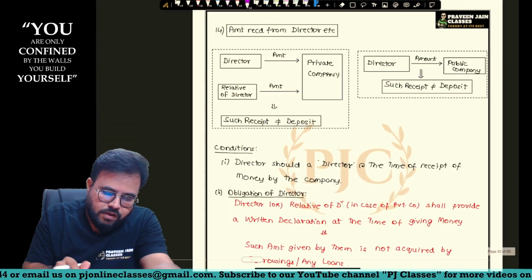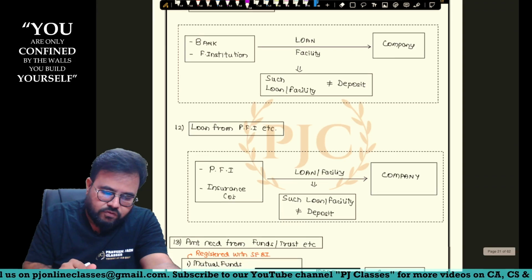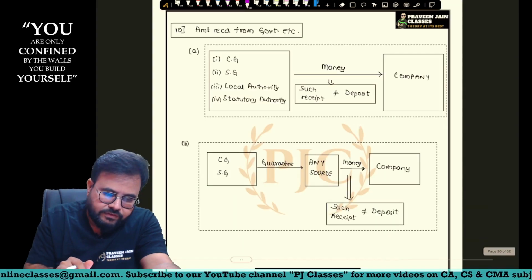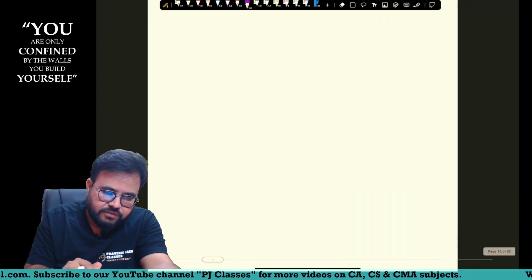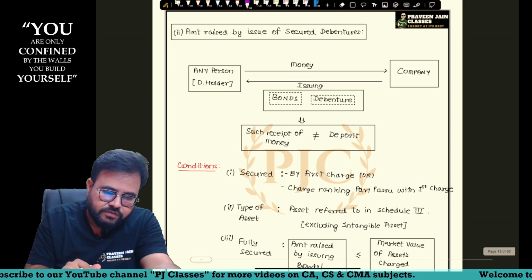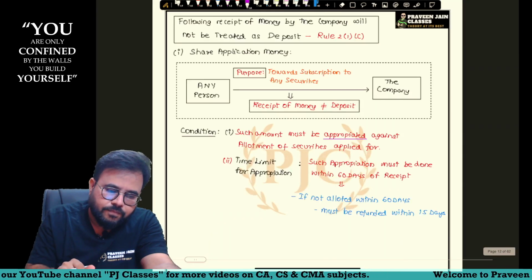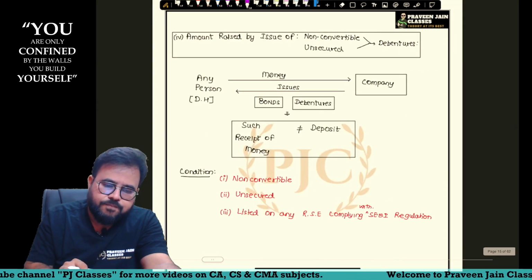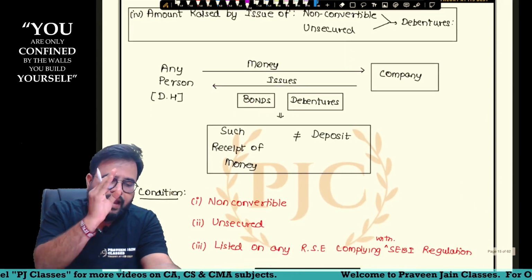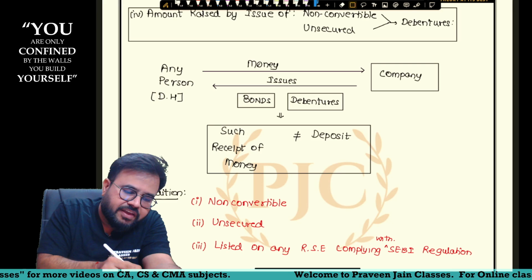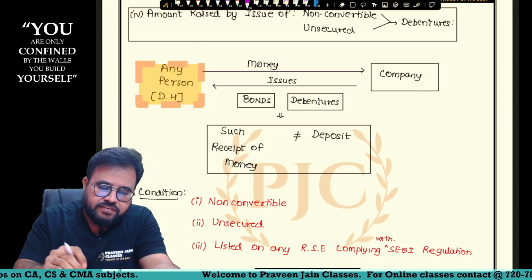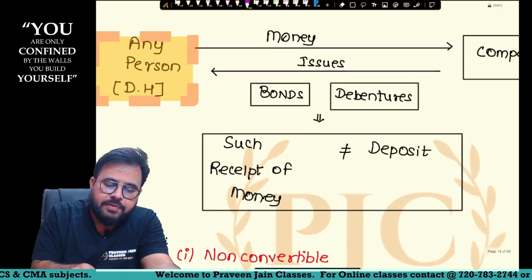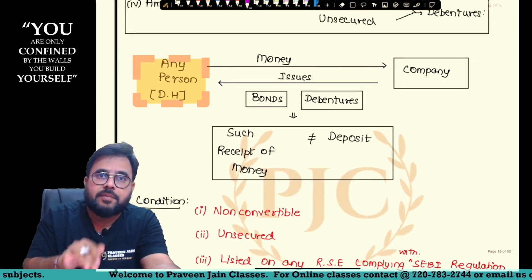So right now, that is not the part we are discussing. We are discussing debentures. You can see, any person, if he is giving money to the company and the company is issuing bonds or debentures, that money is not a deposit.